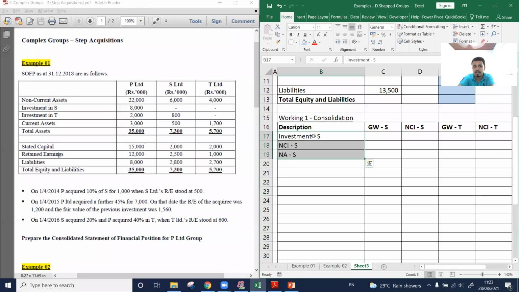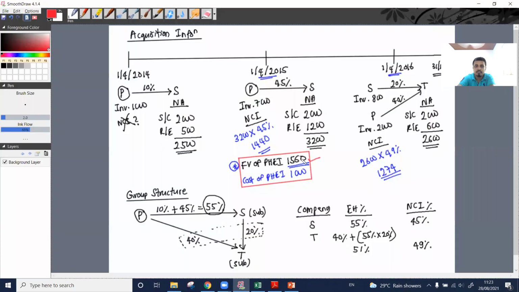But when it comes to a step acquisition, we need to consider what? We need to consider the fair value of previously held equity interest.